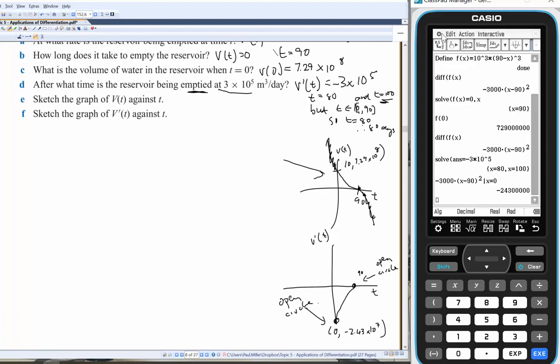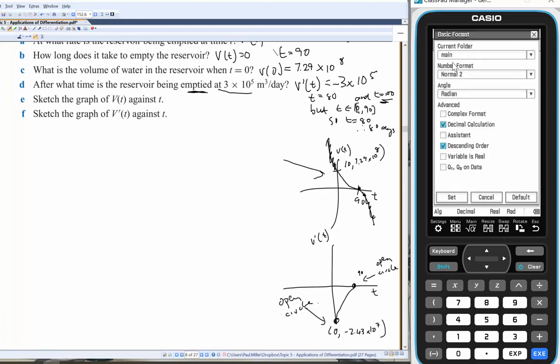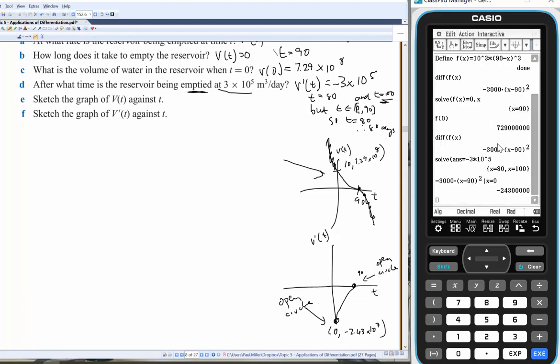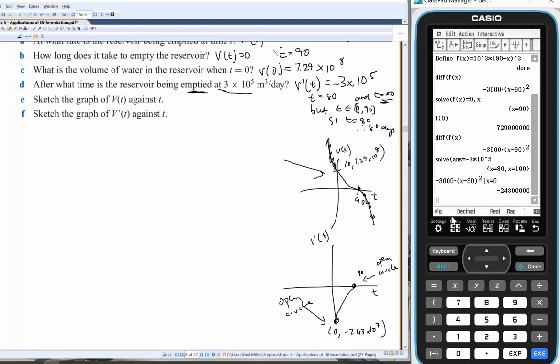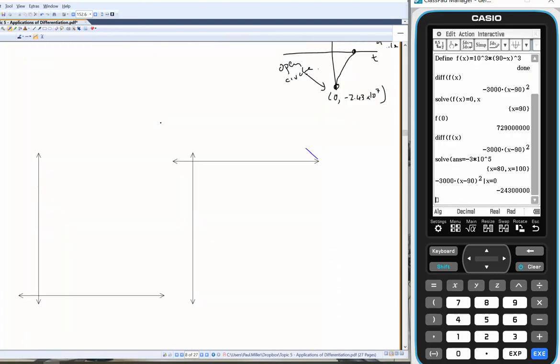That's really important. In fact, did I set it then? Basic format, normal 1, set. Let's just re-ask that question. Yeah. No, so you want your calcs in normal 2. Basic format, normal 2. Set it. All right.